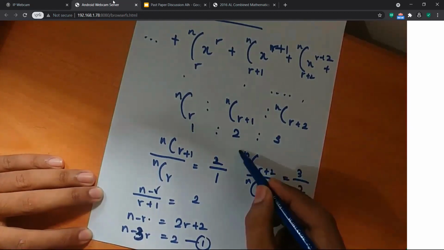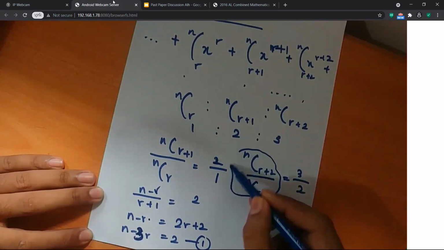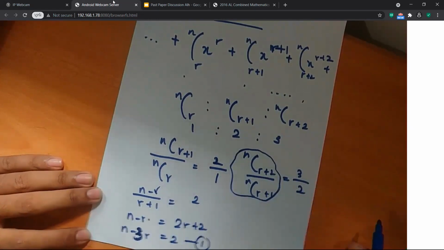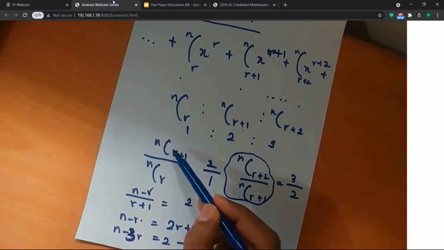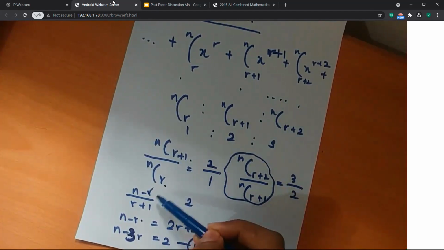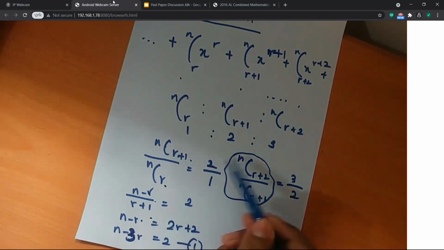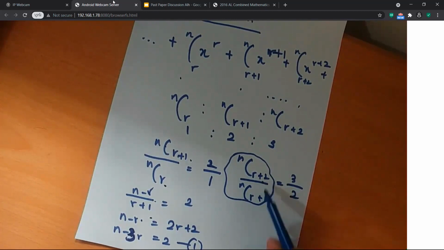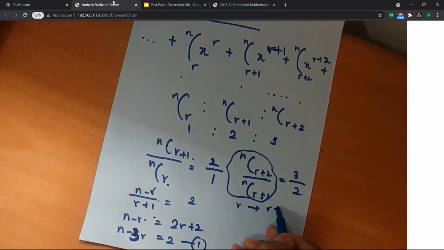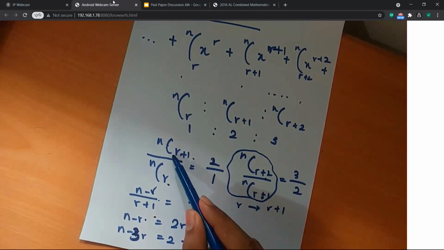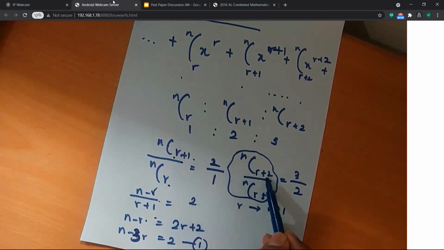Now, can we also get a value for this? We can, using the same equation we got before: nC(r+1) divided by nCr is equal to n minus r over r plus 1. This is very similar, but here it is r plus 2 divided by r plus 1. So where there is r, you substitute r plus 1, and it becomes r plus 2 over r plus 1.